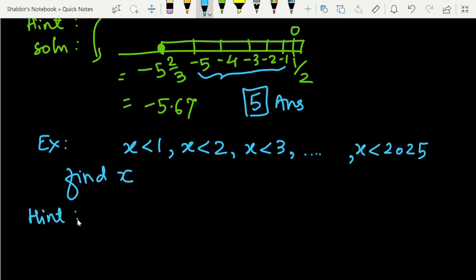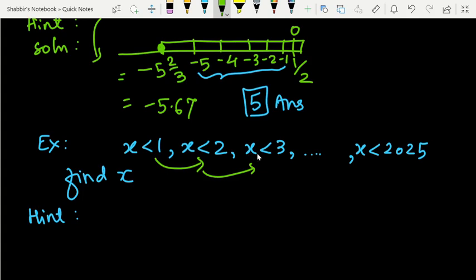So guys, the hint would be, if you take a value which is lesser than 1, all those values would definitely satisfy this and this and so on, because x less than 1 is a subset of these.